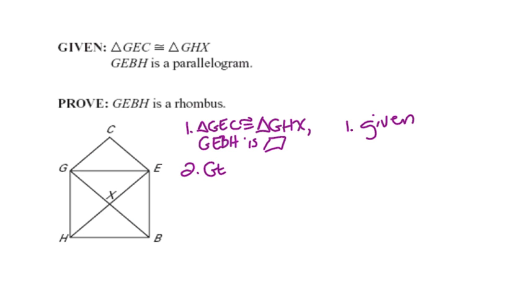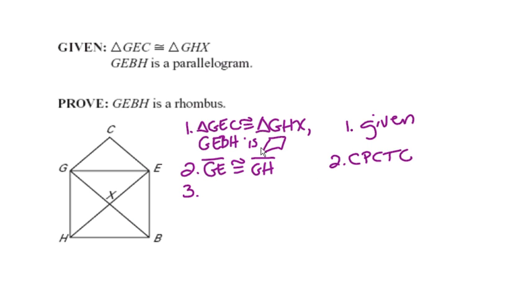So GE is congruent to GH. And what would my reason for that be? It is our old friend CPCTC, because once we've proven two triangles congruent, then all of their corresponding parts are congruent.